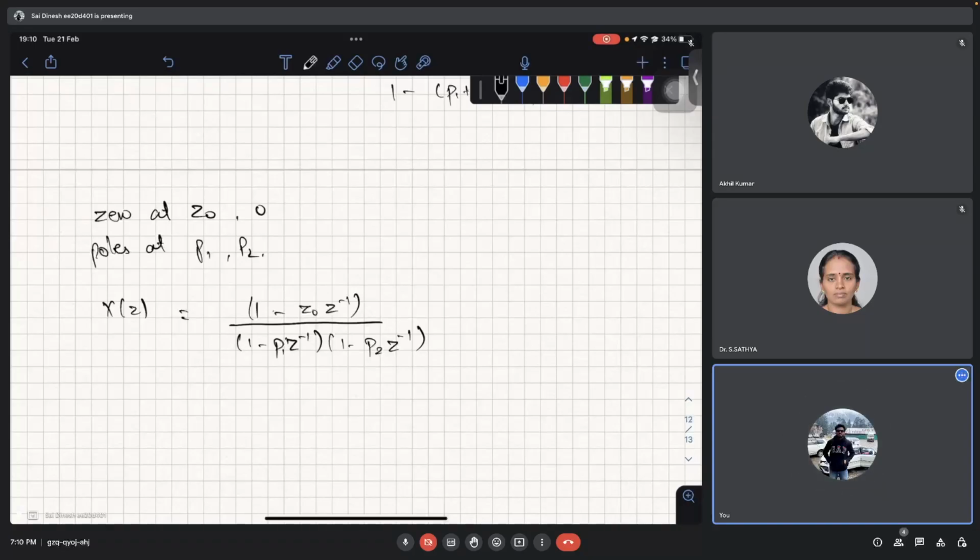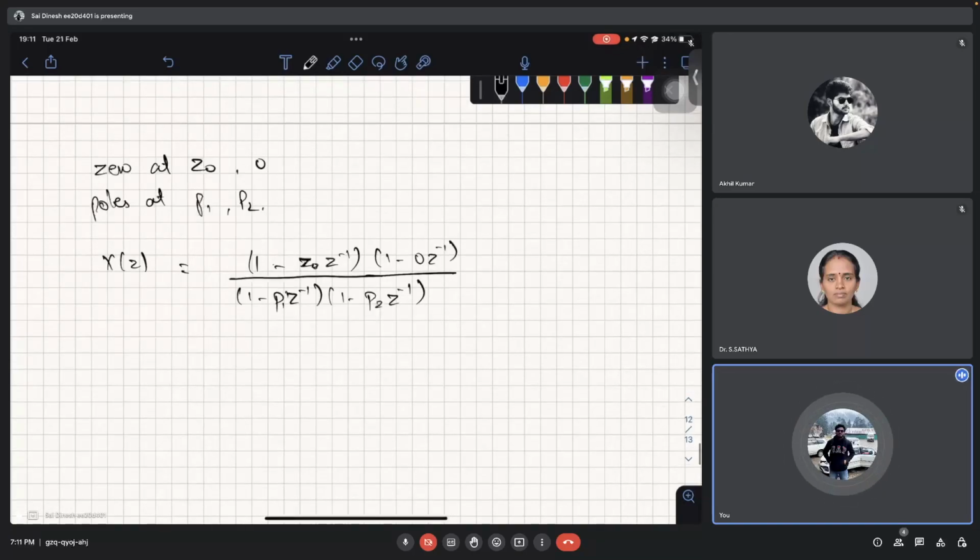So this is what it is, right? Is this clear? And then 1 minus 0 into z inverse is 1 anyway. So what we have is x of 1, we have some value.